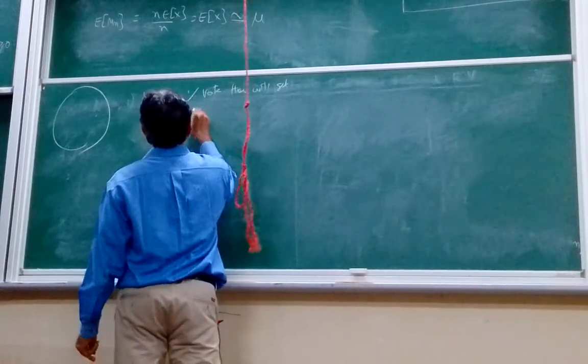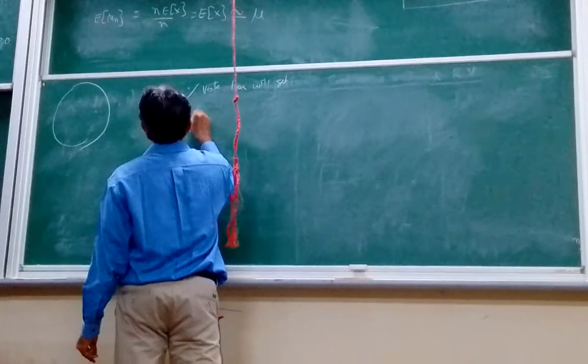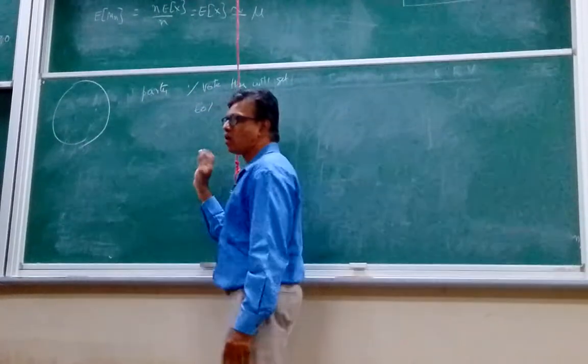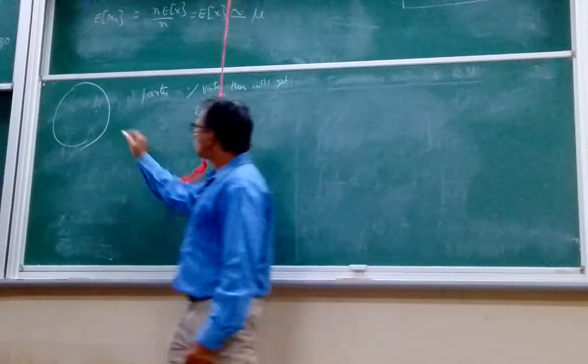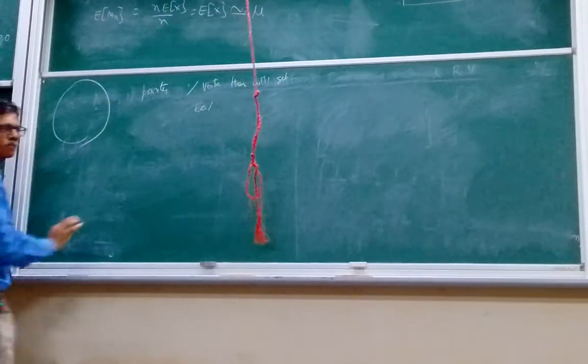If they are going to get, let us say, 60% of the total cast votes, you would say that party is very likely to win. So each one is going to give some answer.